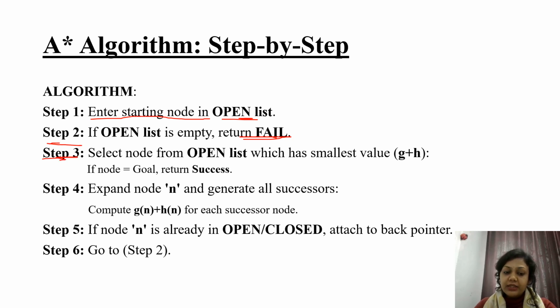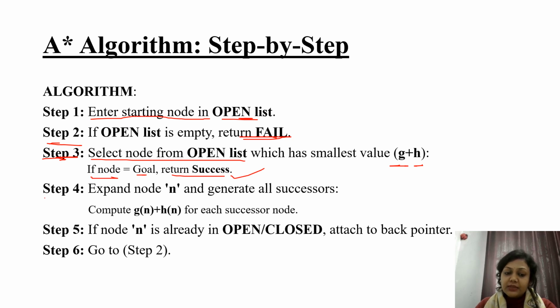Step 3 is to select the node from the open list which has the smallest value of G plus H. Here G is the actual value of the node and H is the heuristic value. Now it is saying if the node equals the goal, then return success. The process will stop here only.